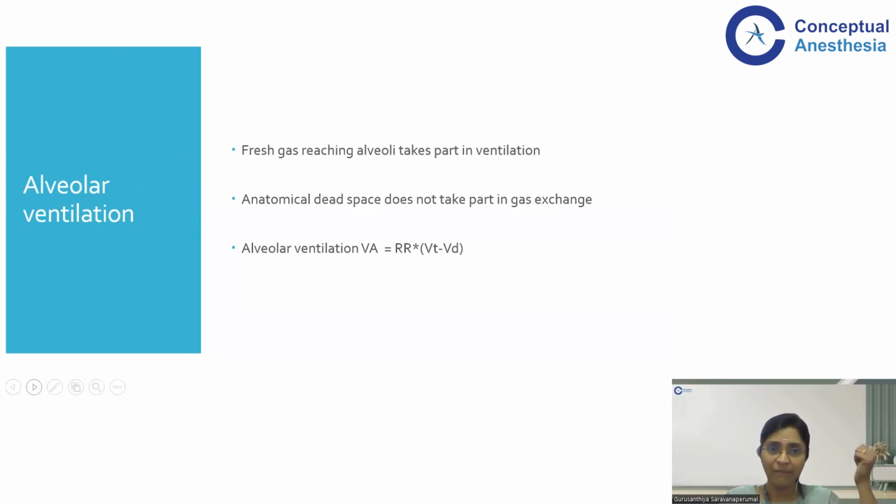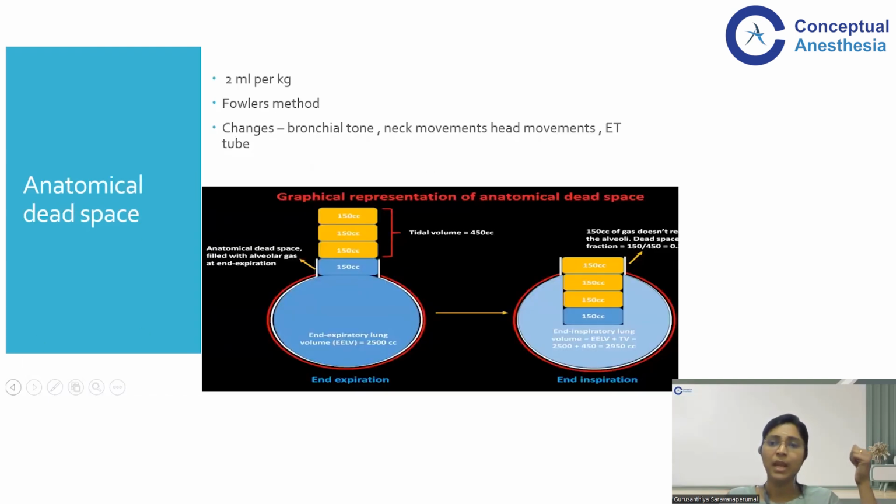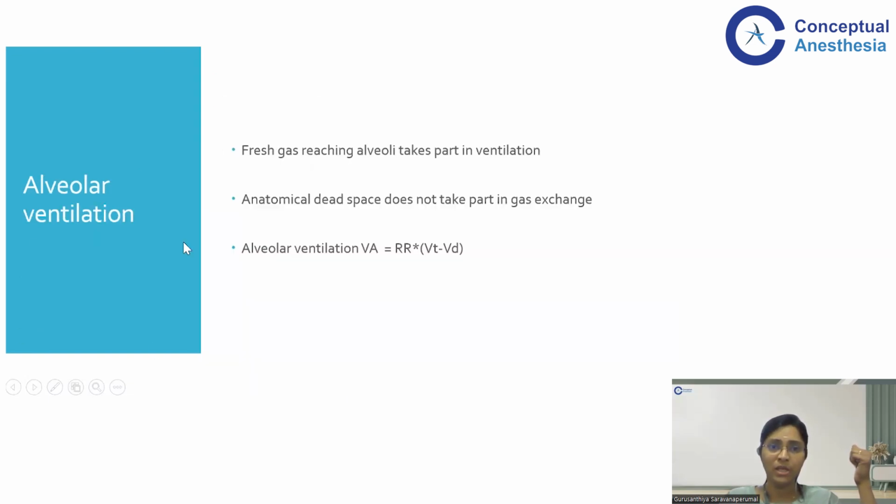Alveolar ventilation is the fresh gas which takes part in gaseous exchange. We have seen that the anatomical dead space is not taking part in the gaseous exchange. Hence the alveolar ventilation, VA, is equal to respiratory rate times the tidal volume you have inhaled minus the dead space.